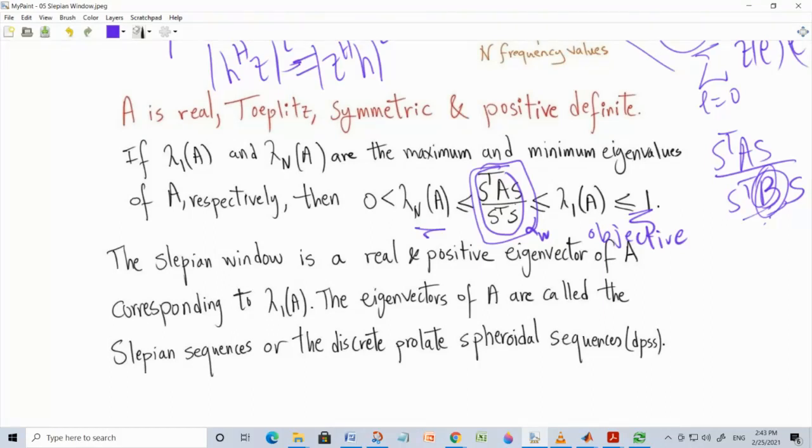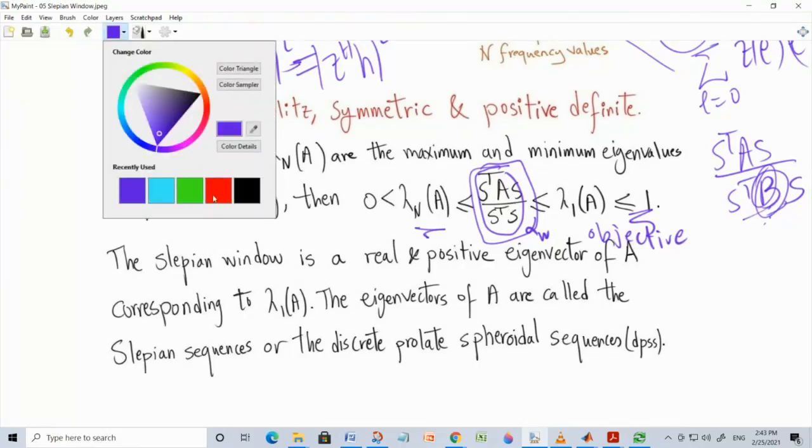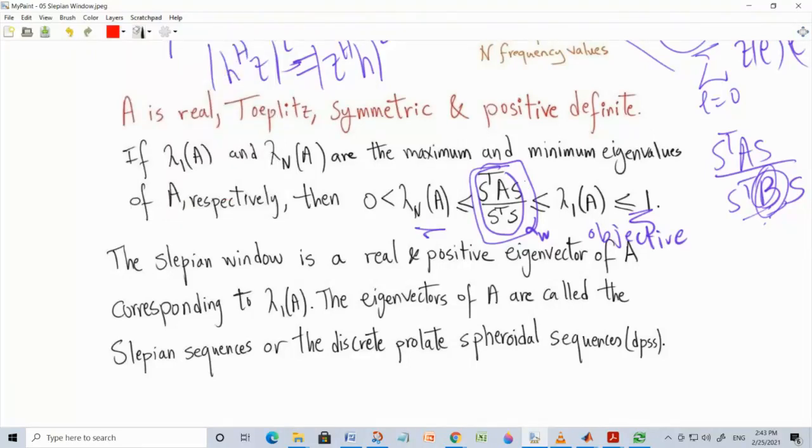But for us here, it is positive definite. Now we can solve our optimization problem, because is this maximum achievable? Yes, it's achievable. How do we achieve it? Choose S to be an eigenvector of matrix A that corresponds to the maximum eigenvalue.